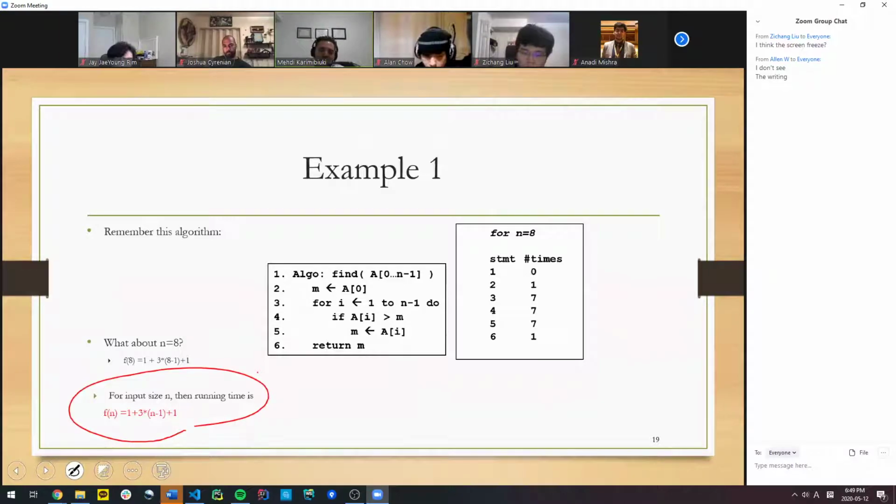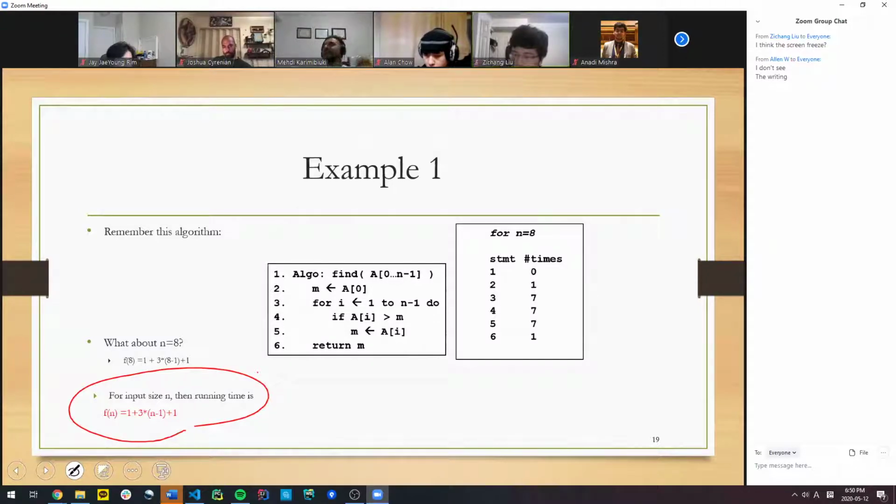In this example, I said 1 plus 3 times n minus 1 plus 1. What is important here? What's the dependency here? Is it the loops?